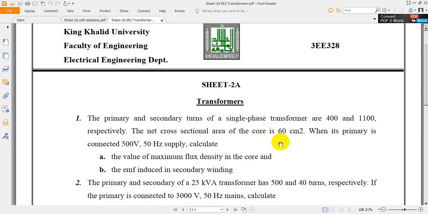The net cross sectional area of the core is 60 centimeter square when its primary is connected to 500 volts. It means cross sectional area A is equal to 60 centimeter square, supply voltage V1 is equal to 500 volts, and the frequency F is equal to 50 Hz. We need to calculate the maximum flux density in the core and also the induced EMF in the secondary winding.